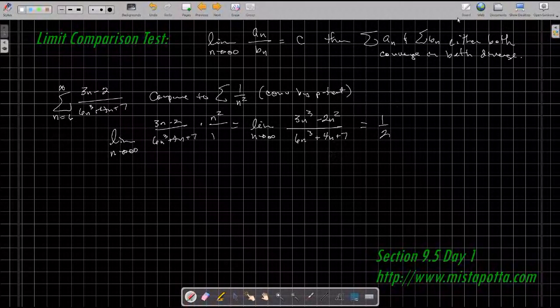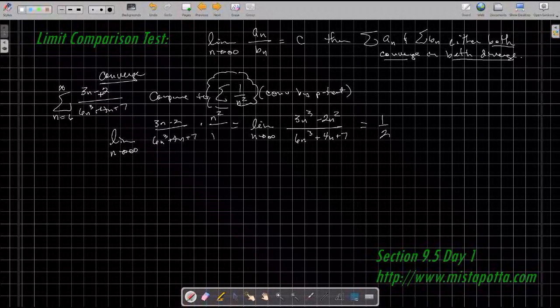And the limit comparison test says that either both converge or both diverge. Well, I already know that this series converges. I chose it for this exact reason. And therefore, this series must converge. Okay? Now again, remember, I'm not saying what the series actually is equal to.